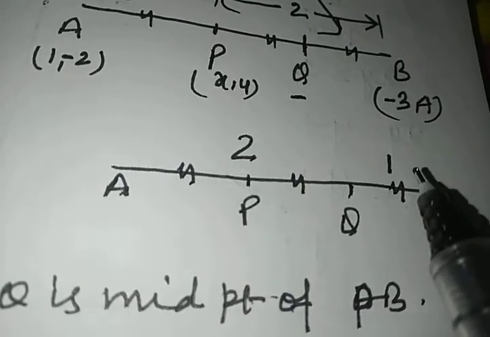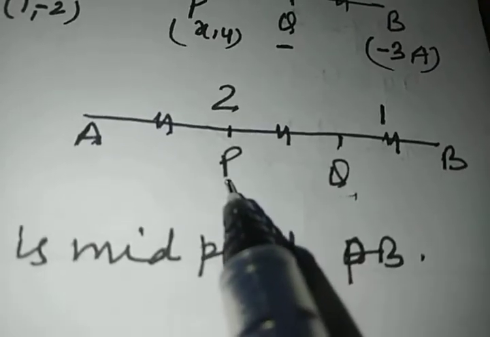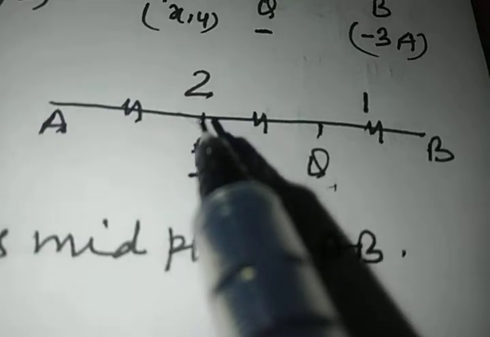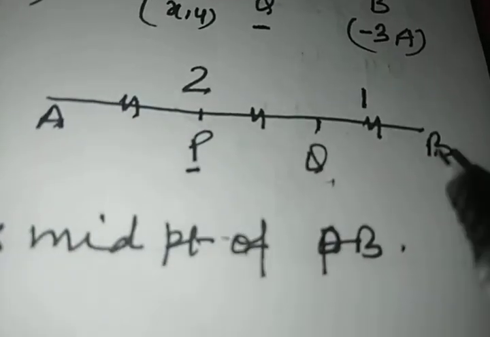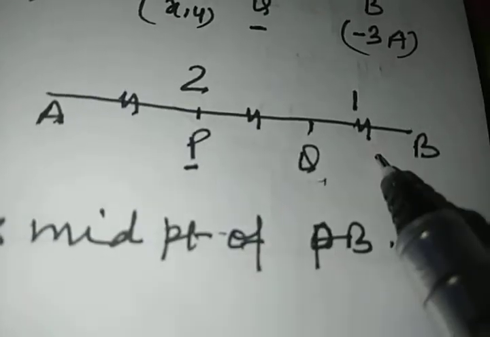Just leave P, we are not concerned anymore with P. Q is here, A we know, B we know, the ratio 2:1 is known, so we can find the coordinates of Q. The very easy way is that now we have taken out the value of P, we know B, and consider the line PB. Q will be the midpoint of P and B: one section here, one section here.